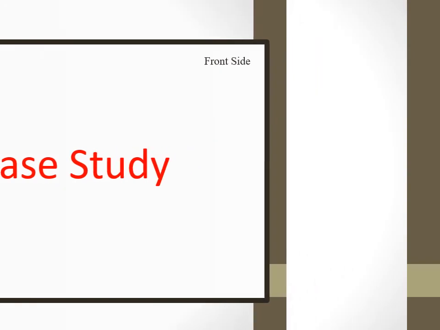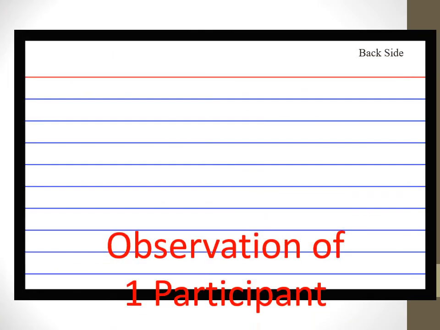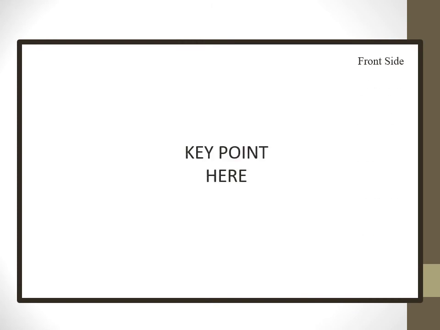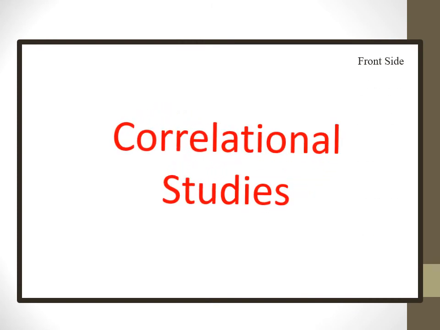Then on the back of that index card, we are going to write observation of one participant. Get out another index card. On the front, we are going to write correlational studies.